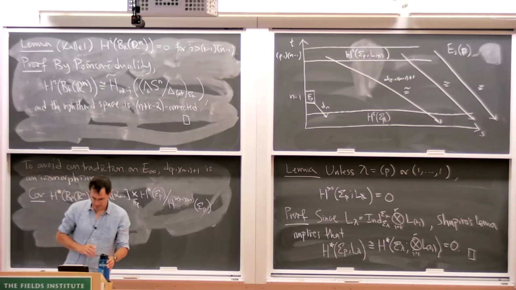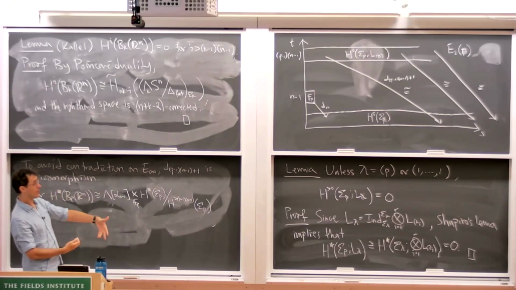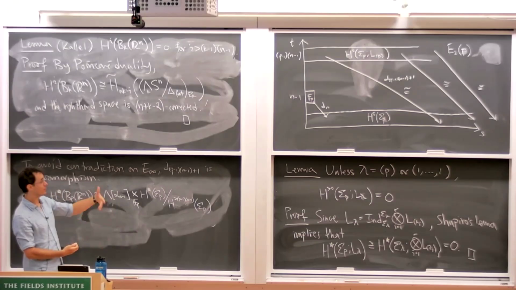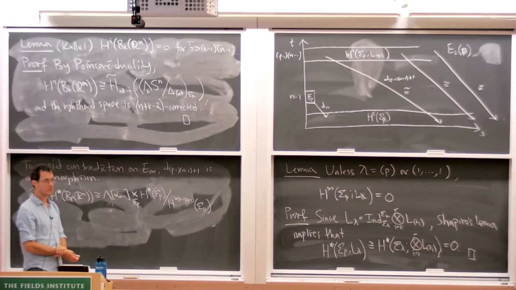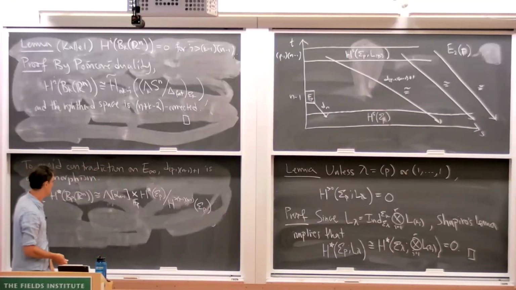Another thing that falls out of this is that in the process of running the spectral sequence, we have calculated the top row. Part of the issue in understanding the spectral sequence was that we didn't know what that top cohomology group was: group cohomology of sigma p with coefficients in LP. But now we do.